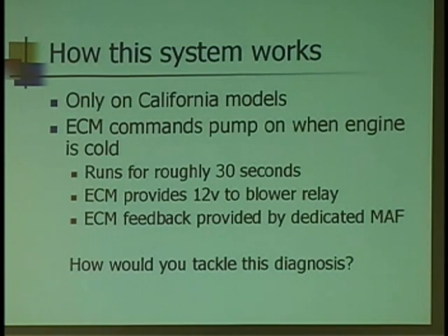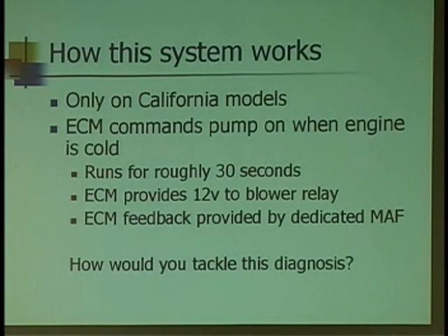Well, it's only on the California models. And the way it works is that the ECM turns the pump on when the engine's cold to throw air into the catalyst to get it lit off a little sooner. It only runs for about 30 seconds. The ECM provides 12 volts to a dedicated relay that then powers up the blower, pump, and there's a dedicated MAF sensor in the circuit to send the reference back to the computer.